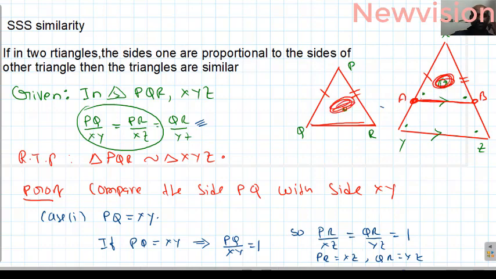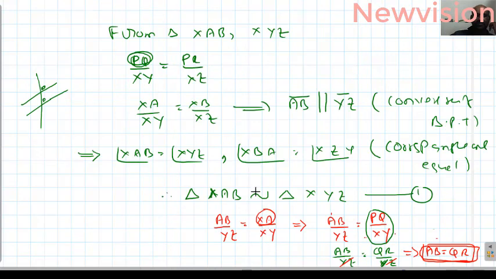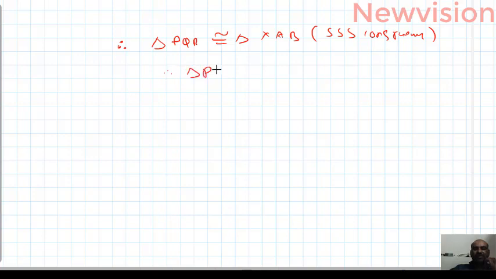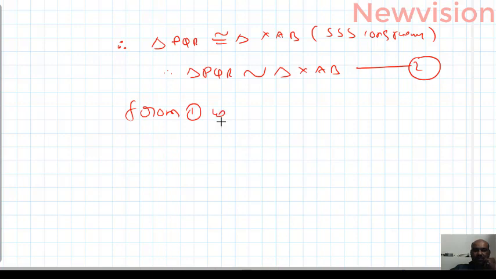I will write that. Therefore, triangle PQR is congruent to triangle XAB from SSS congruency. Two triangles are congruent, so automatically they are similar. Therefore, triangle PQR is similar to triangle XAB. Say this is result number 2. From 1 and 2.